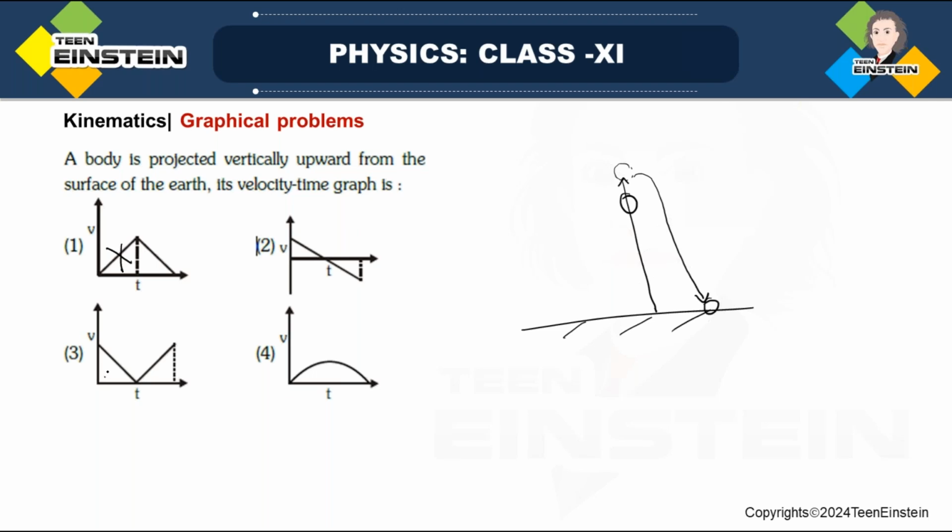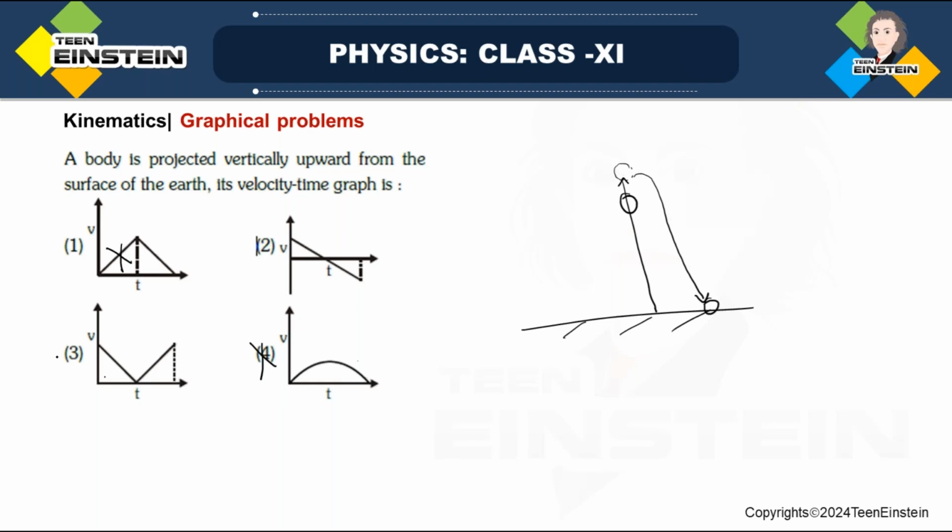This may be true, at least up to this part, but here also the speed is increasing, so this also is not true. So when you throw it, velocity starts decreasing from here itself when acceleration due to gravity acts.